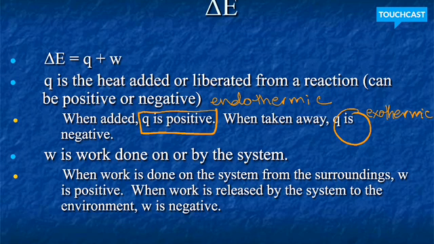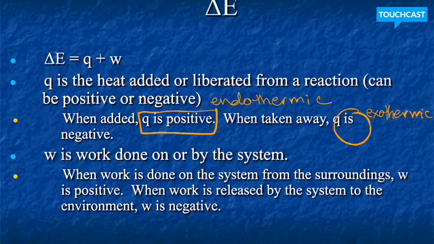So W, or work, can also be positive or negative. If work is being done onto the system from the surroundings, meaning the surroundings is pushing into the system, that means work is being done on the system, and it would be a positive value.